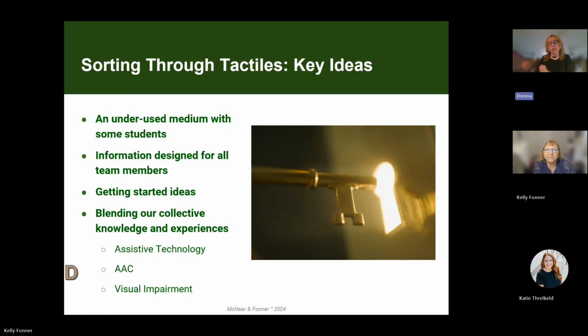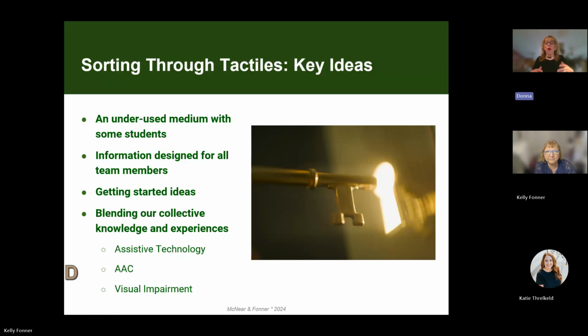The information we've pulled together in this session is designed for all team members. So not just for teachers who teach kids who are blind, or not just educators who are working with kids with AAC or AT people. It's for all team members. And so our ideas are about getting started, getting into the tactile learning medium.